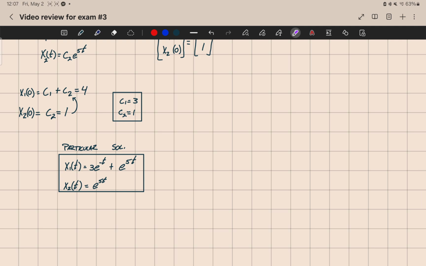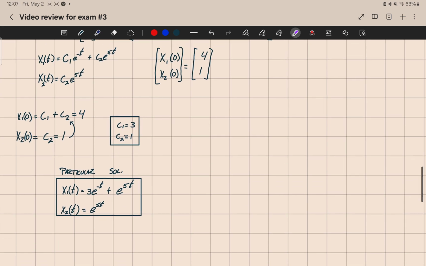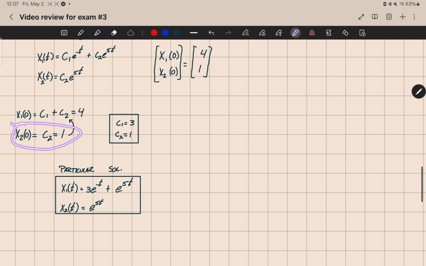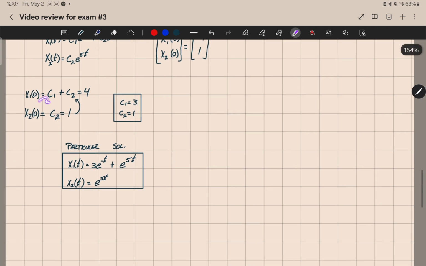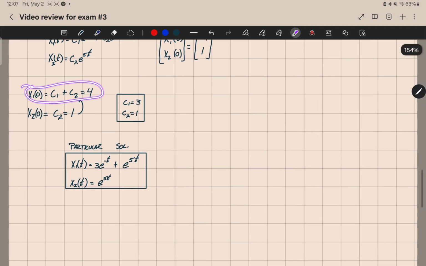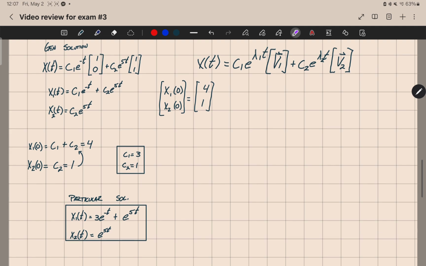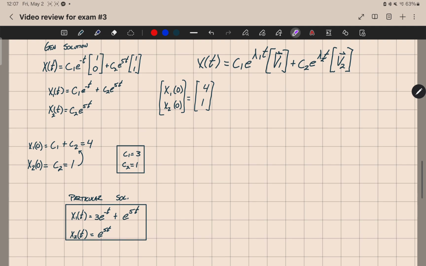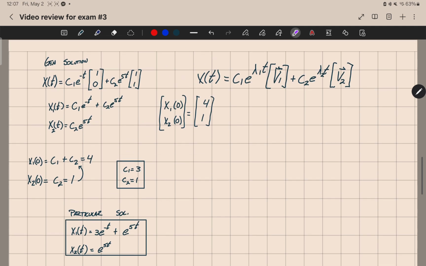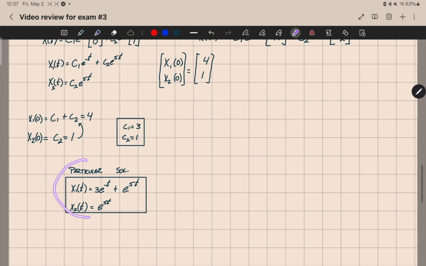You're going to plug in, x2 gives us a value for c2 right off the bat, and then I'm going to plug that back into my equation for x1 and solve those. And then once I get my values for c1 and c2, plugging that back into our general solution to find our particular solution there.